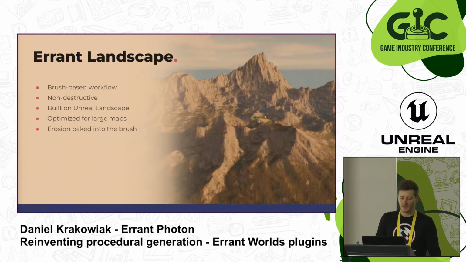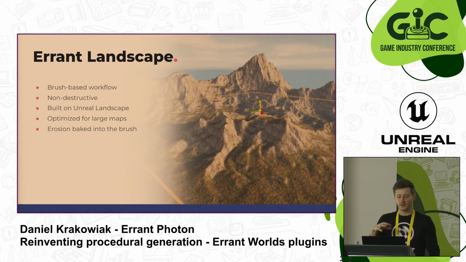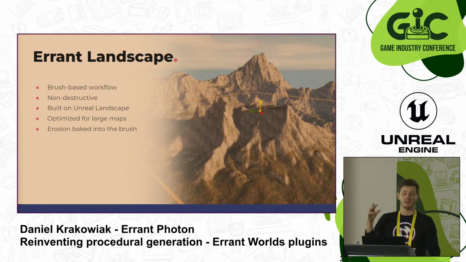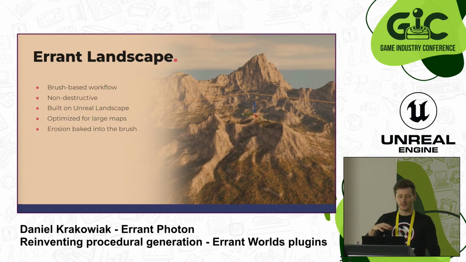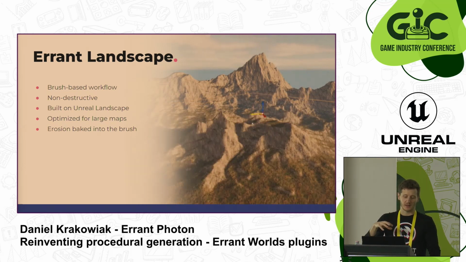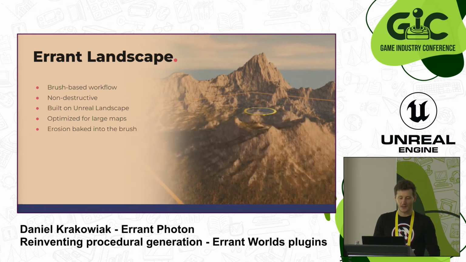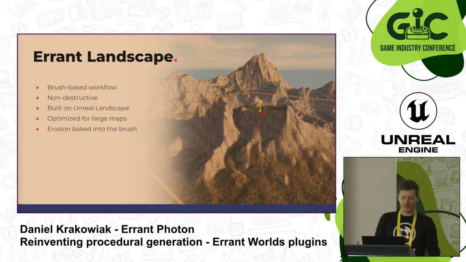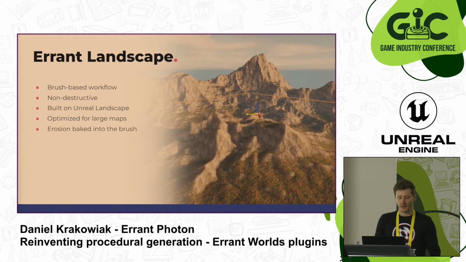Errant Landscape is a tool which is brush-based, so you are moving brushes, which may be whole mountains, or tiny brushes, doesn't matter, and it's non-destructive, so once you place a mountain, a year later you can still shift it with other brushes. It's all built on Unreal Landscape, so we are not revolutionizing anything here, and it's optimized for large maps.